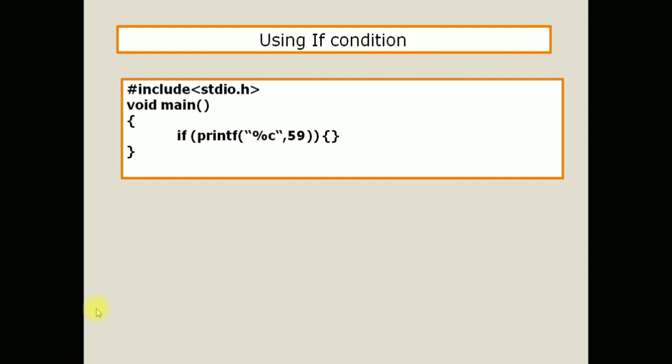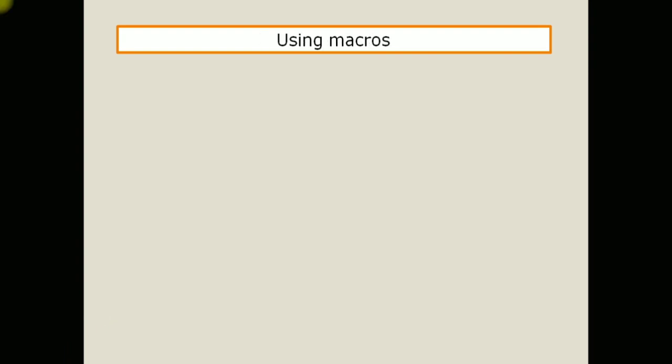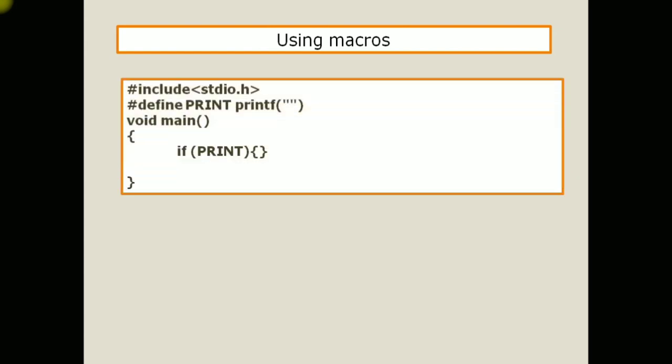Now quickly let's see our second approach, that is using macros. If you are not aware of what macros are, they are like a preprocessor that we define before the main function, and we can use them anywhere globally inside our main function. Now suppose over here what I need is to print. I'm making a macro named print, and whenever we define something in a macro, it doesn't require a semicolon. So again our condition has been met, that we don't have to use a semicolon, and I am using that same print.